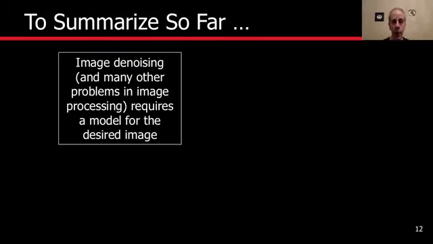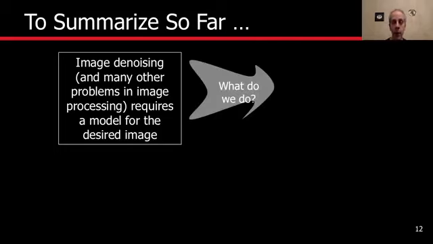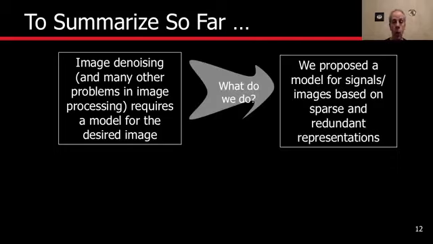So what have we done? We basically started with image denoising as an example, and we said we need to model the signal. We need to understand what we mean by image denoising, what type of clean signal we are looking for, and that basically opened the question to say we need to define models. When we say we need to define models, we basically describe a model, which is the sparse model.